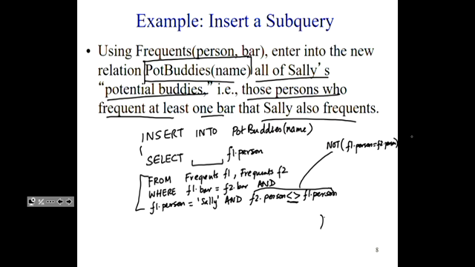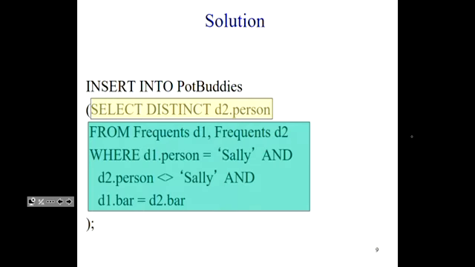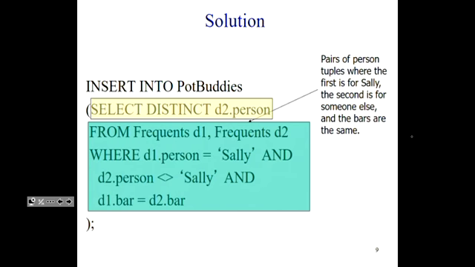You don't want this person to be repeated multiple times, so you might want to add a distinct. Okay, so you say select distinct f1.person, and so on. All of these get added to our relation PotBuddies. Okay, so this was the same query that I wrote.